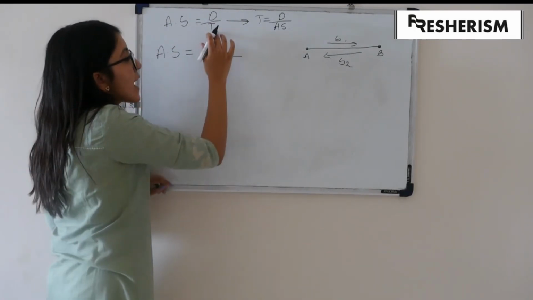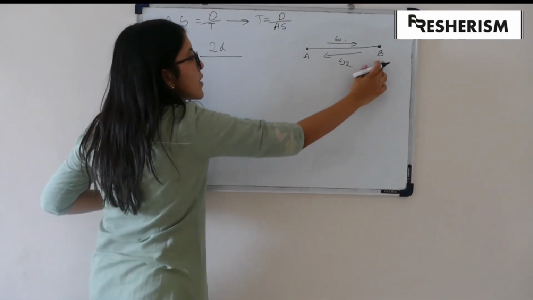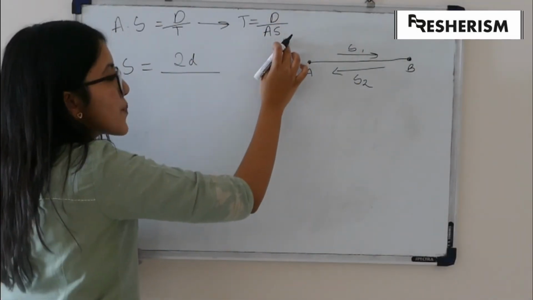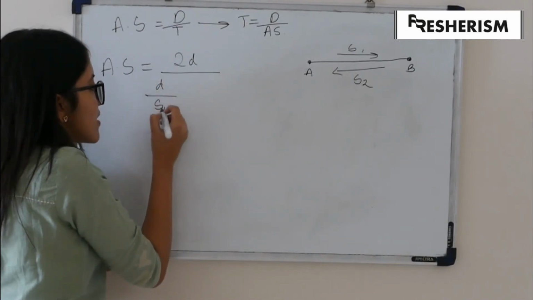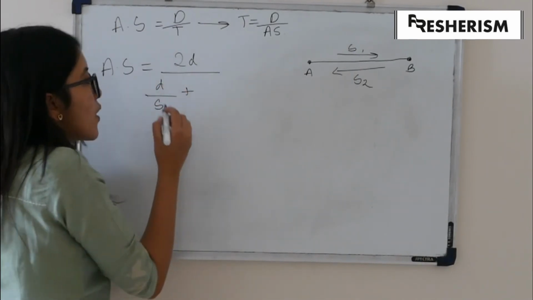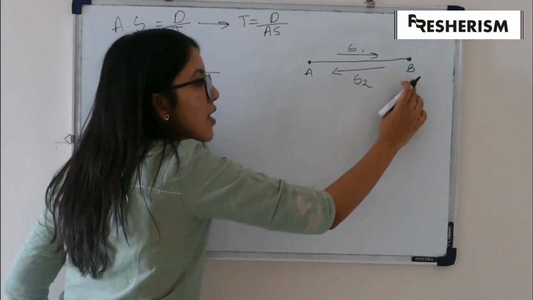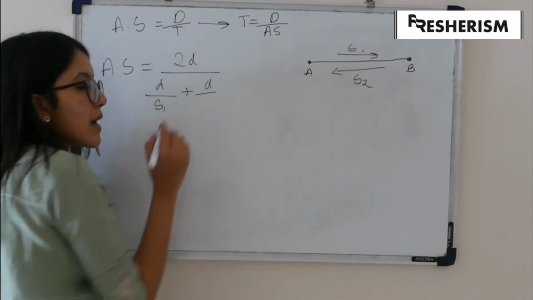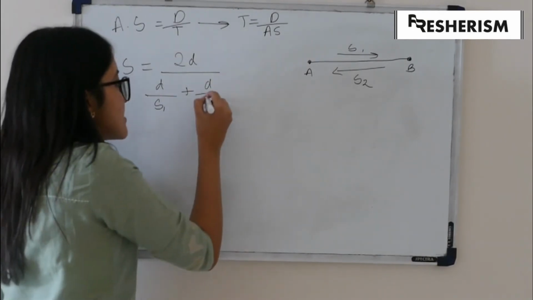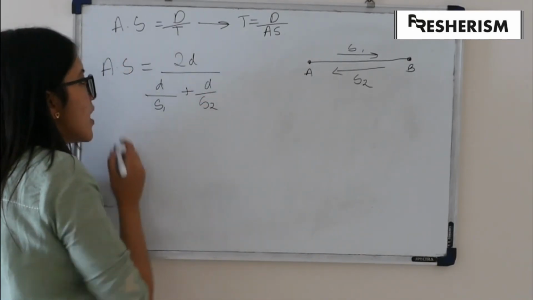Therefore, the time to travel from A to B will be distance upon speed, and our distance is d and speed is s1. Adding it with the time taken to come from B to A, our distance will be d again, but our speed changes to s2 this time.